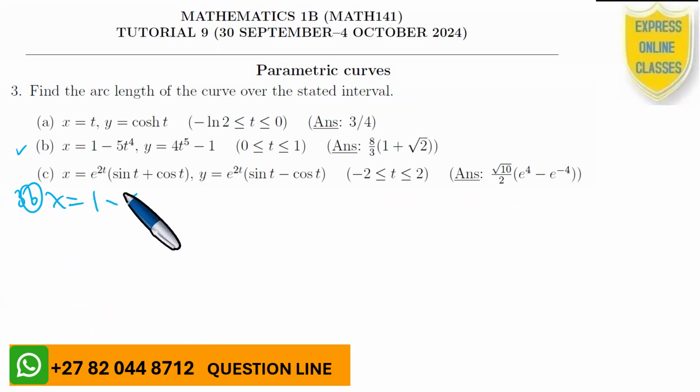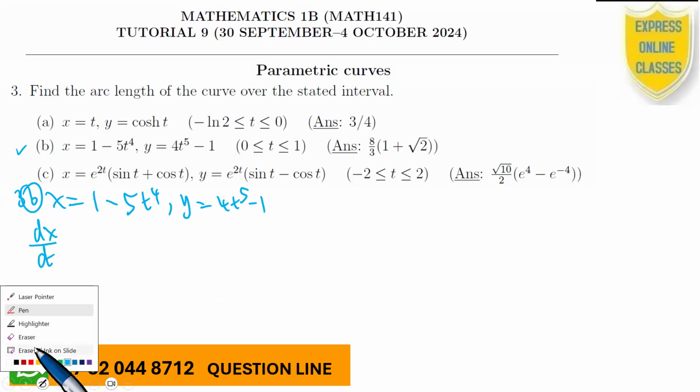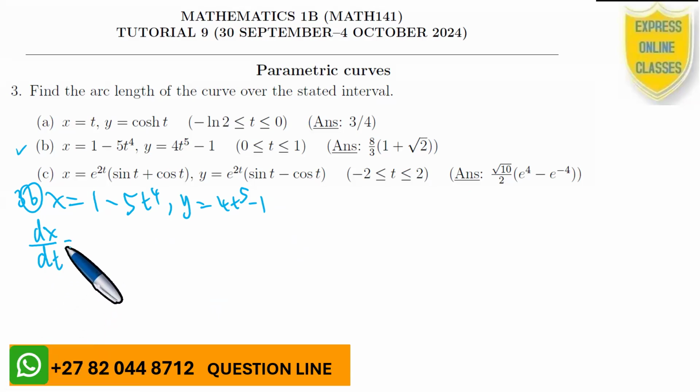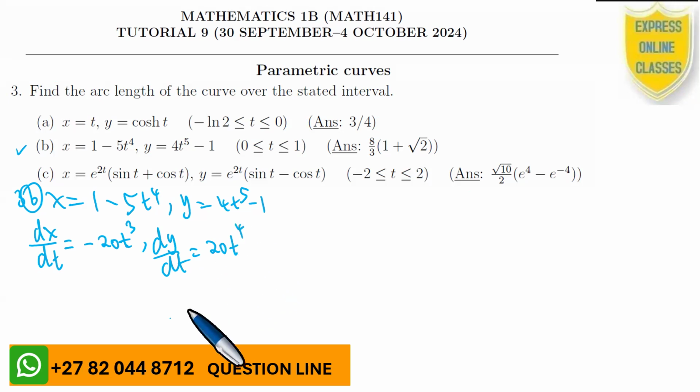X equals 1 minus 5t to the fourth power. Y is 4t to the fifth power minus 1. dx/dt becomes the following: minus 20t to the third power. dy/dt equals 20t to the fourth power.